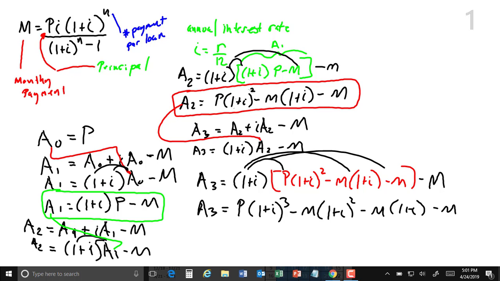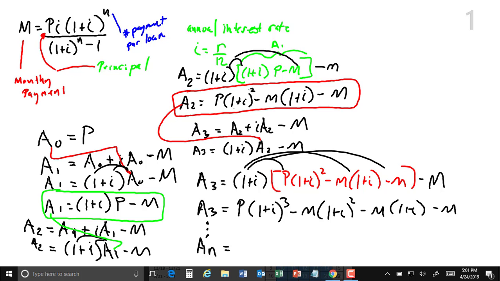Now all we have to do is start to look for a pattern here. So if we go down to our A sub nth payment, whatever, we want to know how much we owe at a certain payment. If you make all 360 payments, then A sub n is the last payoff. But we can see how this is going.